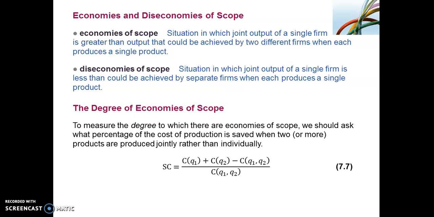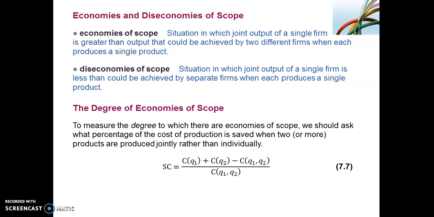You could have a situation where both economies of scope and diseconomies of scale exist for a particular firm. So you need to understand these definitions very clearly. And in each case, there is an application where you could measure your returns to scale, your economies of scale, and now you will see we can also measure the degree of economies of scope.